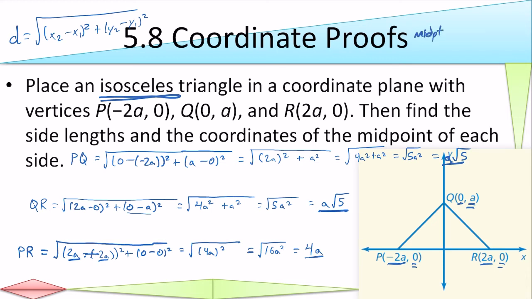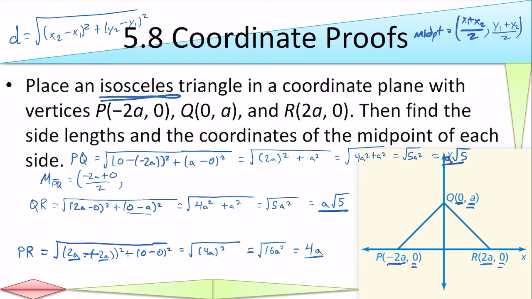Now let's look at the midpoint. The midpoint formula is x1 plus x2 over 2, y1 plus y2 over 2. So the midpoint of PQ is, well, x1 is negative 2a, x2 is 0.